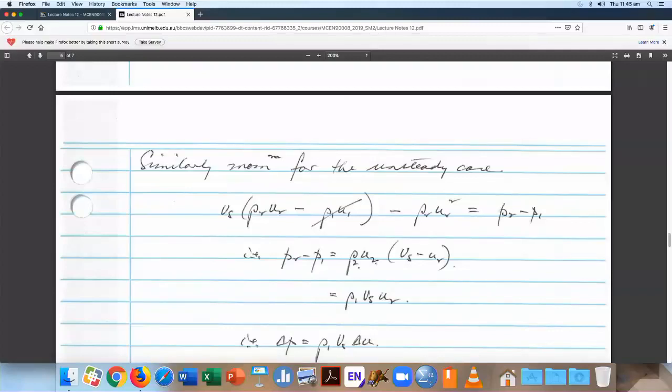So that's very interesting. If I have a very weak wave, then the delta P, the change in pressure across the shock, would be very small.